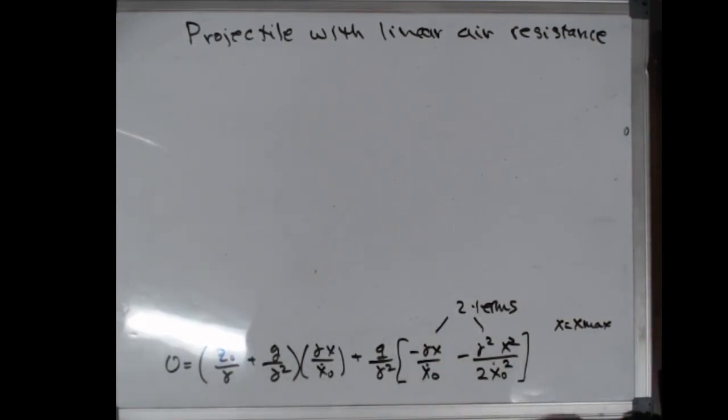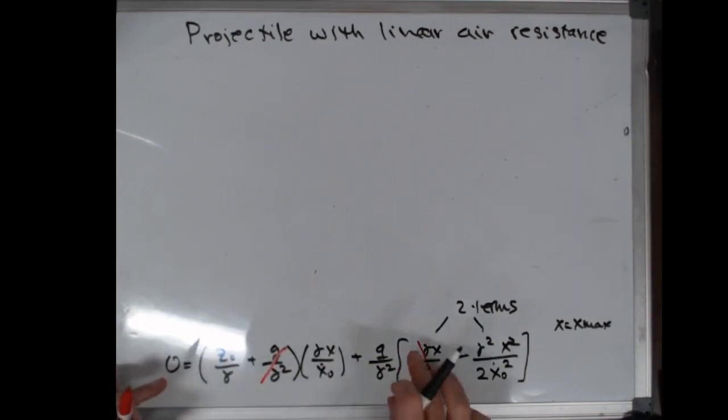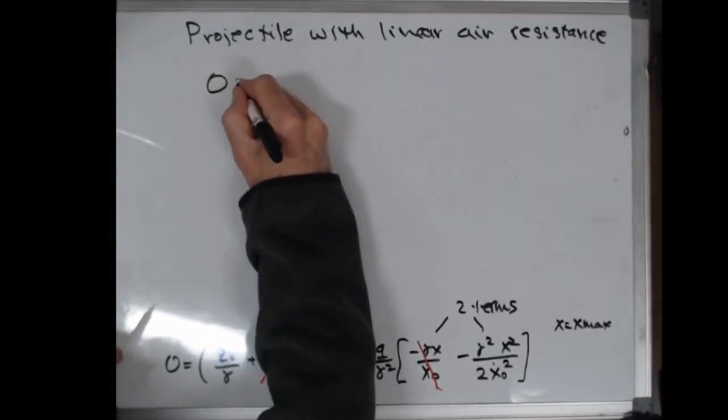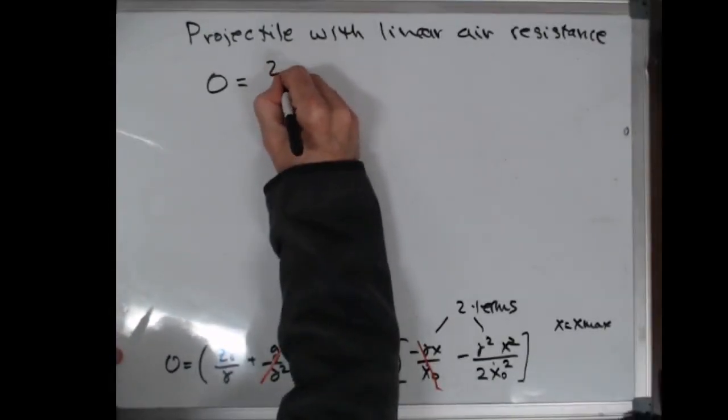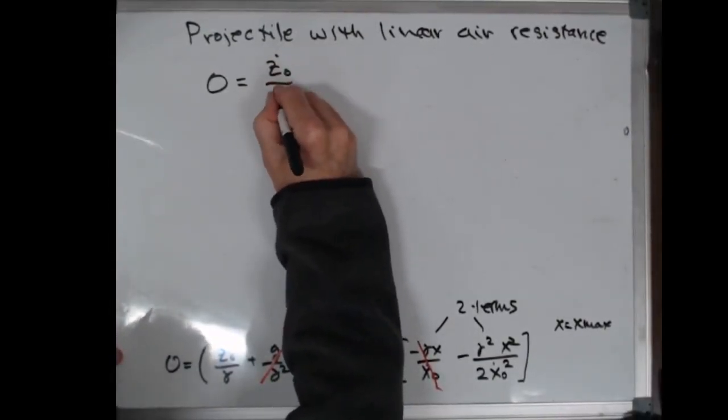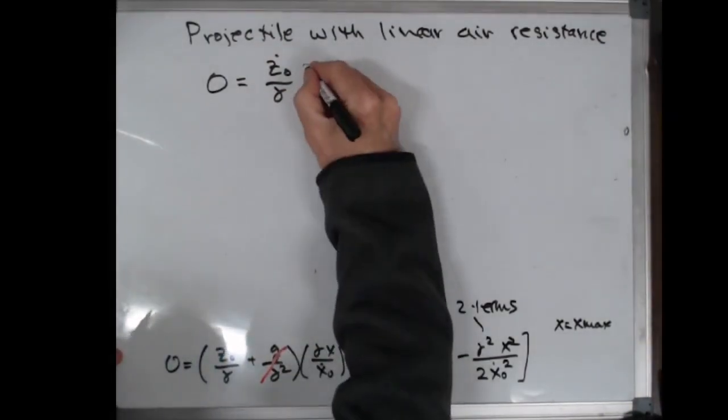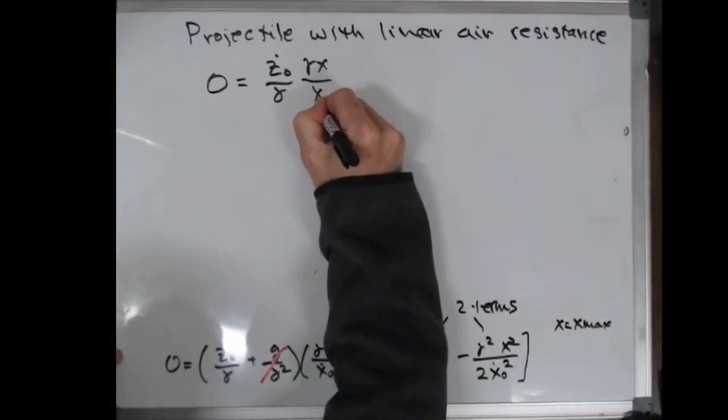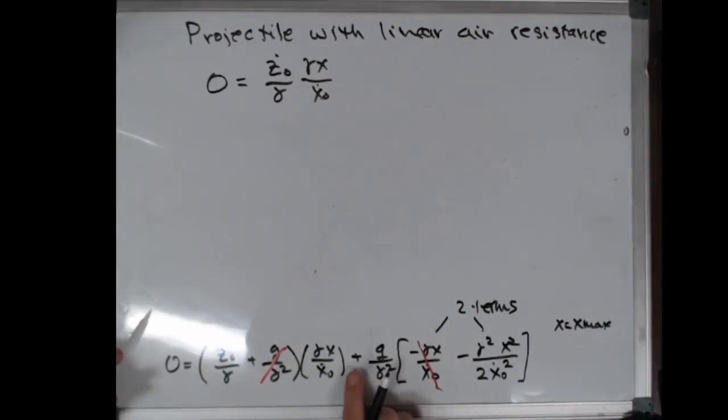And so hopefully you can see that this is g over gamma squared times gamma x over x naught dot, and this is minus g over gamma squared times gamma x over x naught dot. So this term here cancels with that term there. What this leaves me with, I'm going to write back up here, is 0 is equal to z naught dot over gamma times this piece here, which is gamma x over x naught dot.